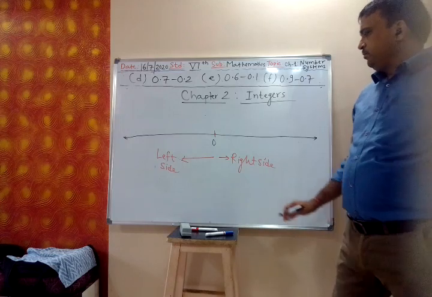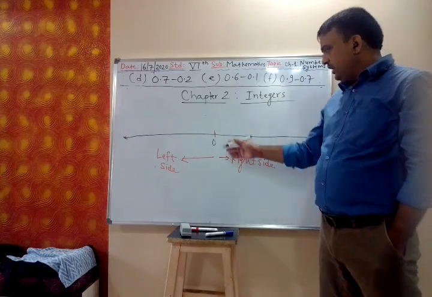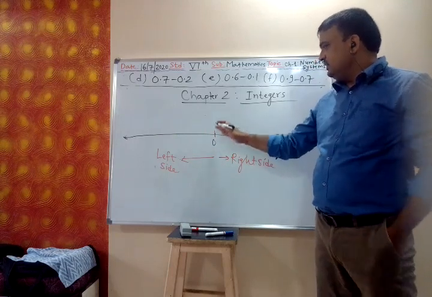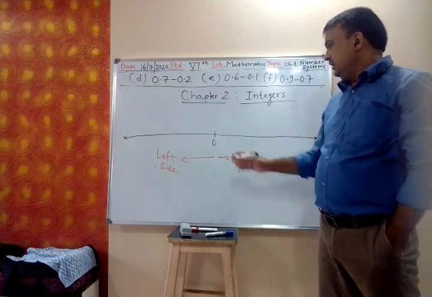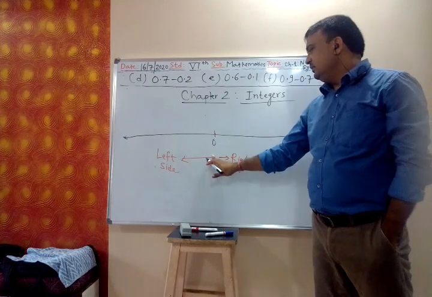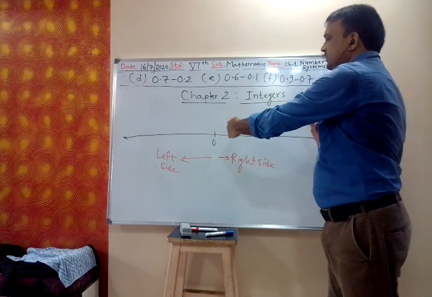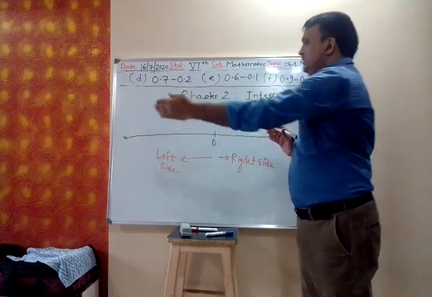Draw this number line, then write in the set. At the center you write 0, then to the right of 0 we show this side, and to the left of 0 this side.